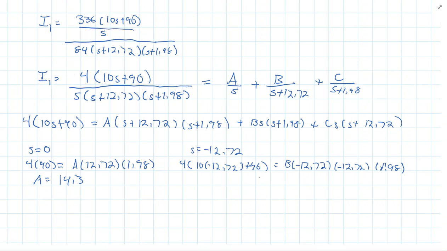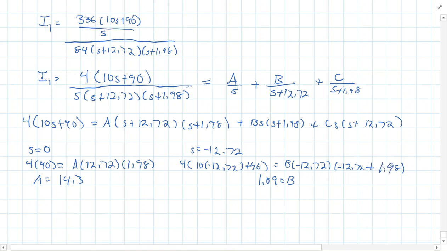We get b is equal to 1.09. And I realize I have something written wrong here. This should be negative 12.72 plus 1.98, and it's a little weird how I have it written there.